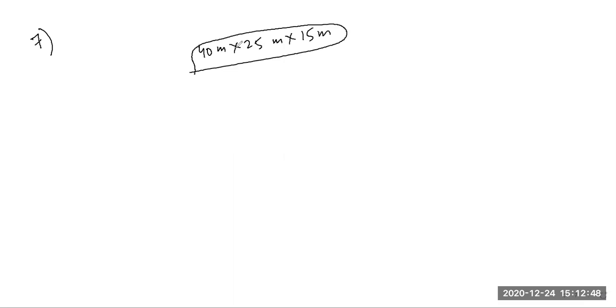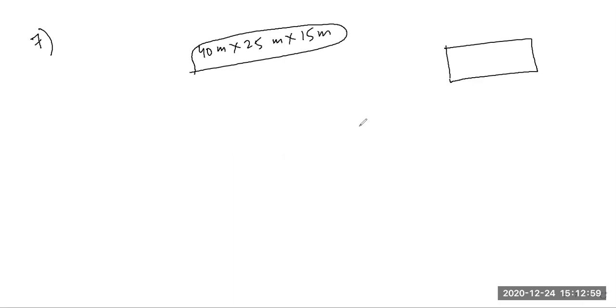Okay, fine. So now the godown is measuring 40 meter into 25 meter into 15 meter, which is its capacity.